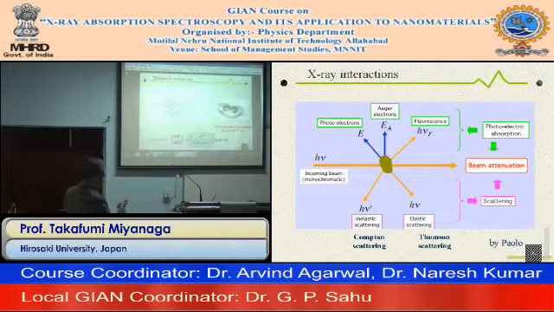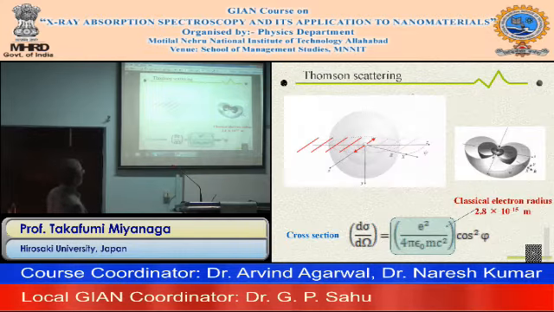Now we discuss Thomson scattering. Simply speaking, in Thomson scattering one electron is located at the origin of the axes here, and the X-ray is coming from the left-hand side, moving with the electric wave.